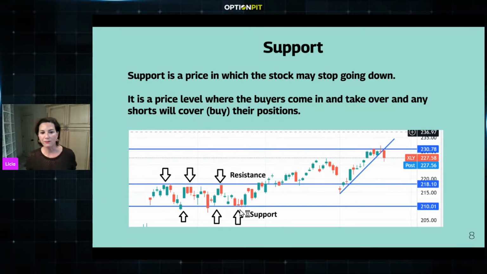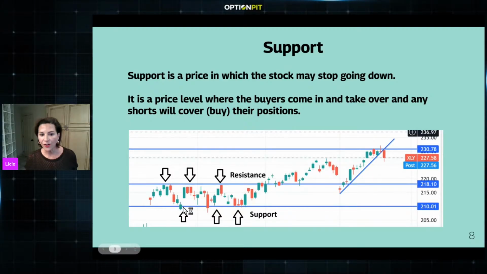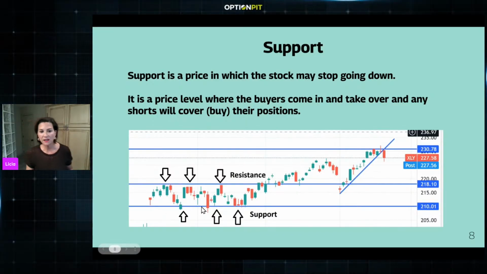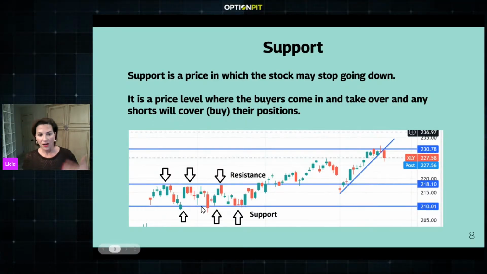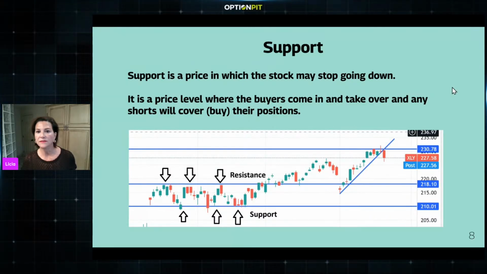Those buyers step in. The people that sold it up here, they cover their shorts. They know this is a support level. They've made their money. They exit. So buyers come in, sellers cover. That creates that support level.